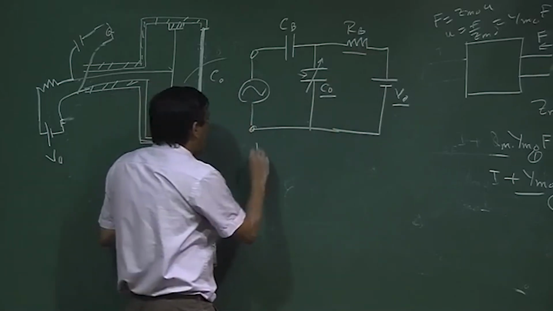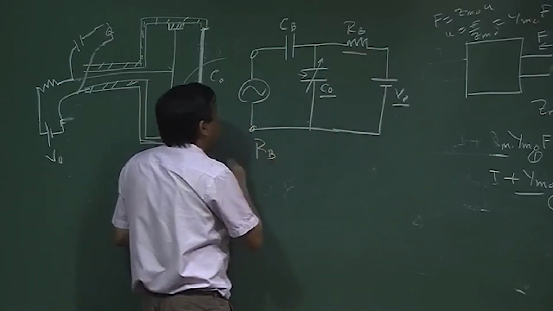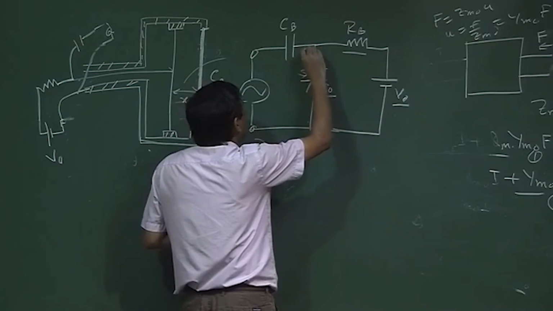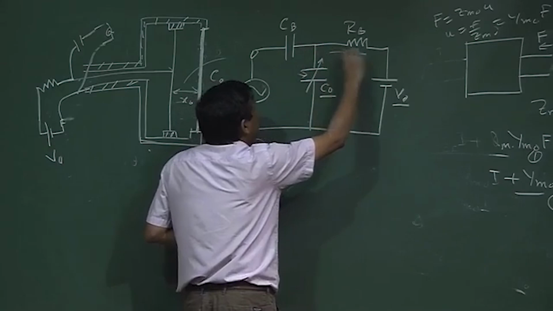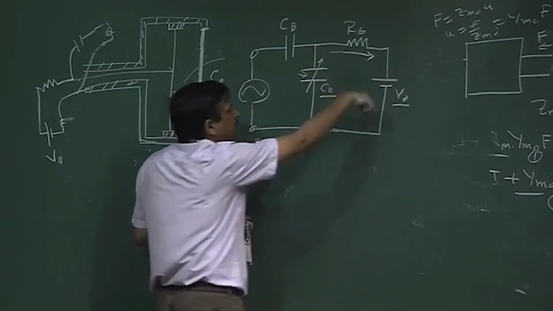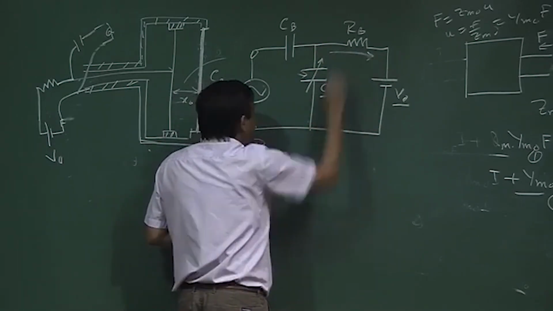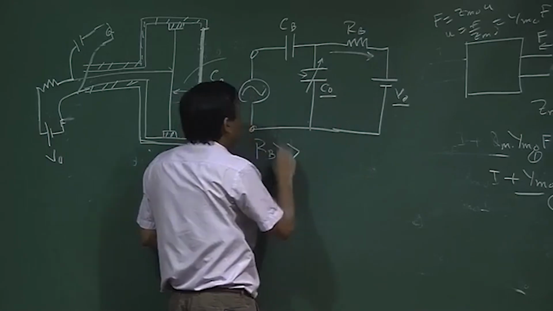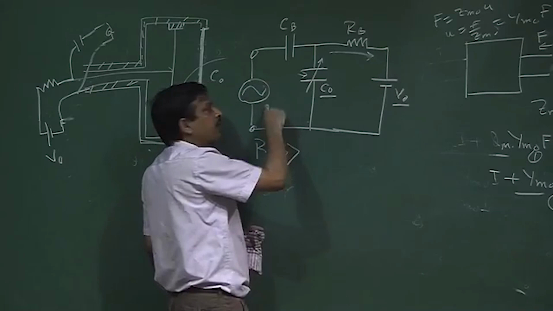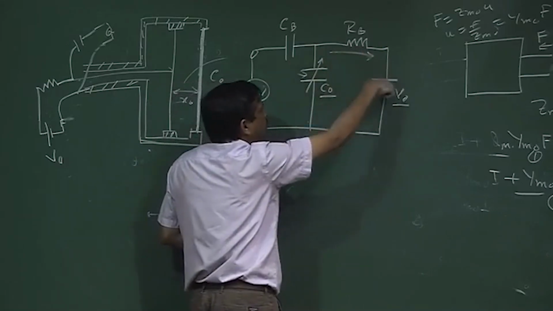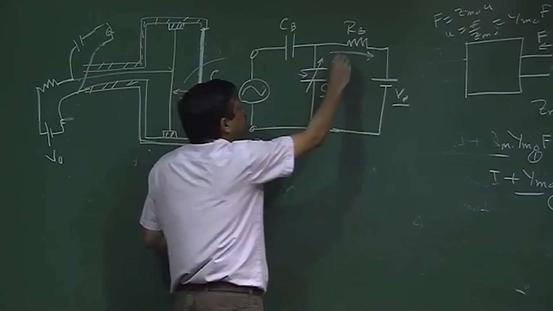The value of RB should be very high, so that none of the AC signal which I will supply to the capacitor passes to the battery side. This reduces the losses.